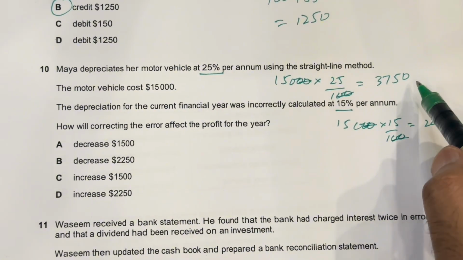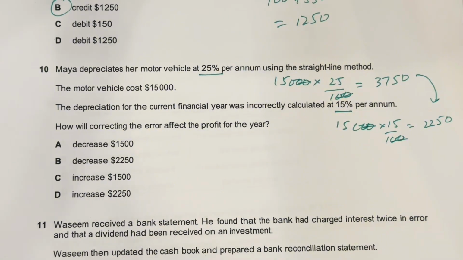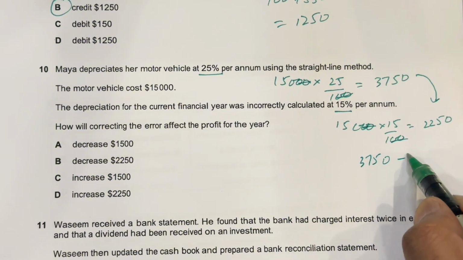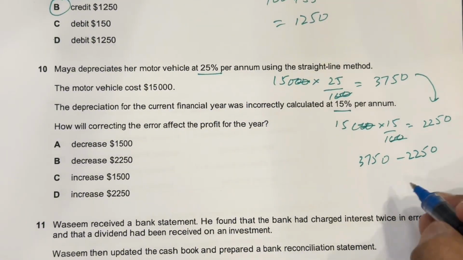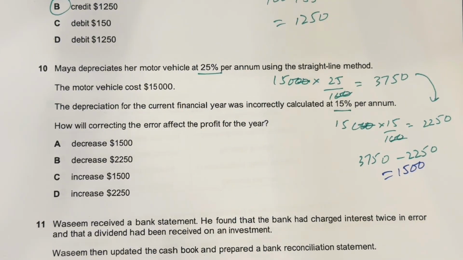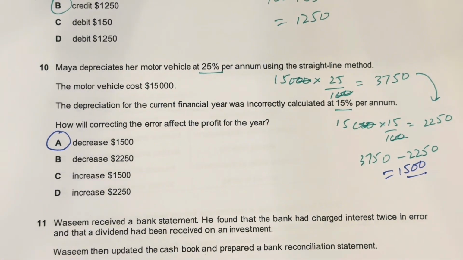So what would be the difference between the actual and what we did by mistake? 3750 minus 2250, the answer would be 1500. So after correcting it, our profits would be decreased by 1500. So option A is the right answer for this question.